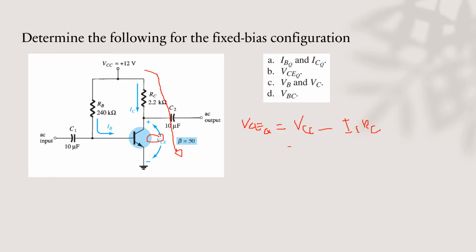We already have the value for our IC, so we can solve this directly: 12 volts minus IC, 2.35 milliamperes, times the RC, which is 2.2 kilo ohms.